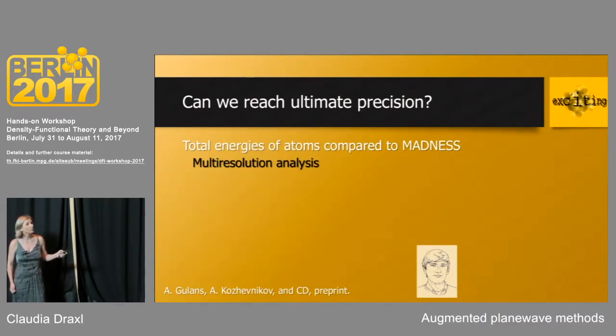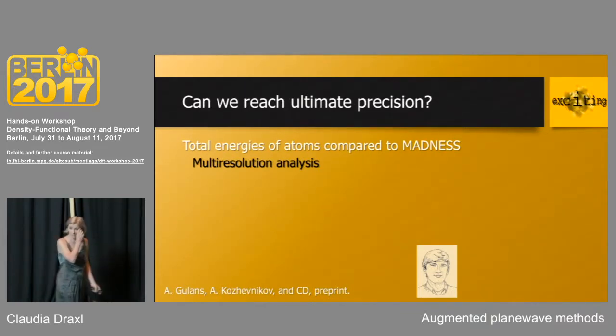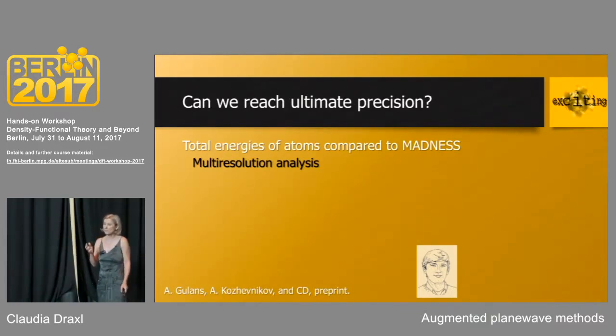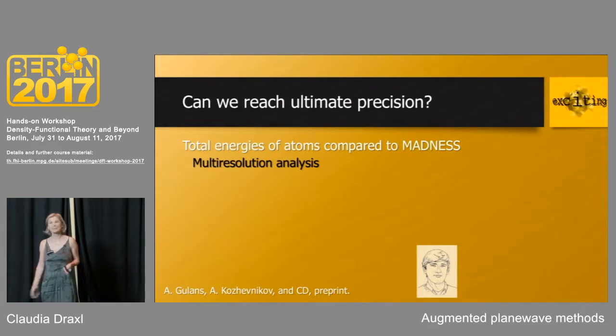I think there will also be a talk by Stefan Goedecker next week, who has the same methodology implemented. So I'm sure he will also talk about this. But just to cut it short, MADNESS is a code that uses multi-resolution analysis, and that's why it can solve the Kohn-Sham problem to any precision you like. It can refine this methodology more and more, and then you can get basically the exact answer to the problem.